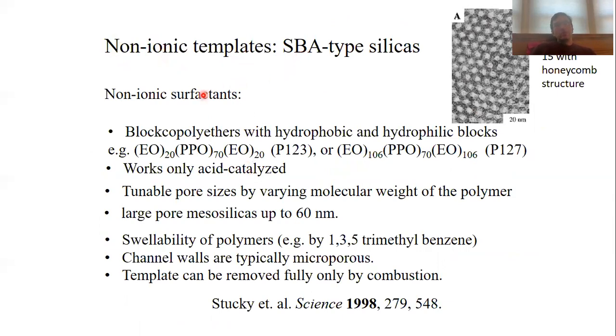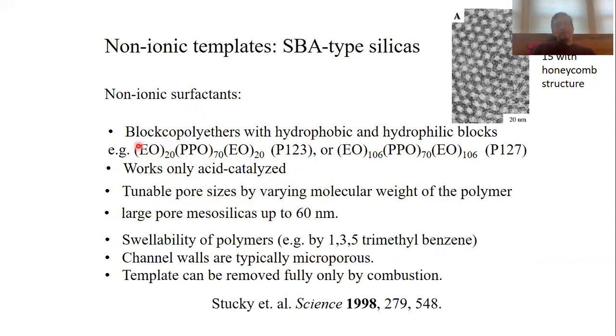The use of these non-ionic surfactants allows for much larger pore sizes of up to 60 nanometers, and the pore size can simply be tuned by varying the molecular weight of the polymer. So here you see two examples of block copolyethers, which are typical templates. So these are triblock copolymers.